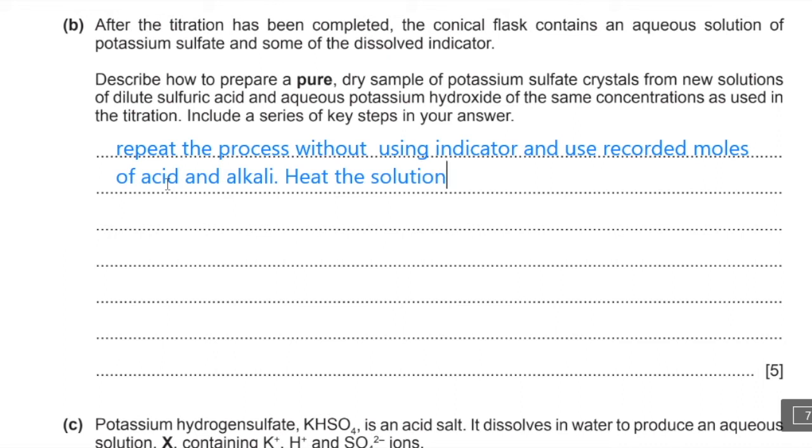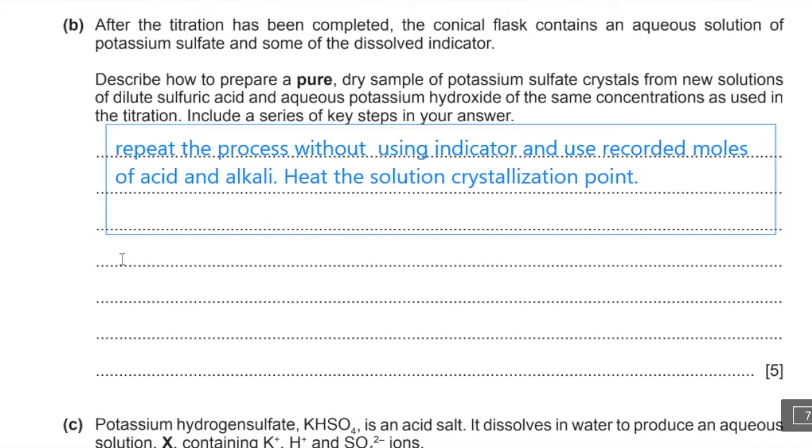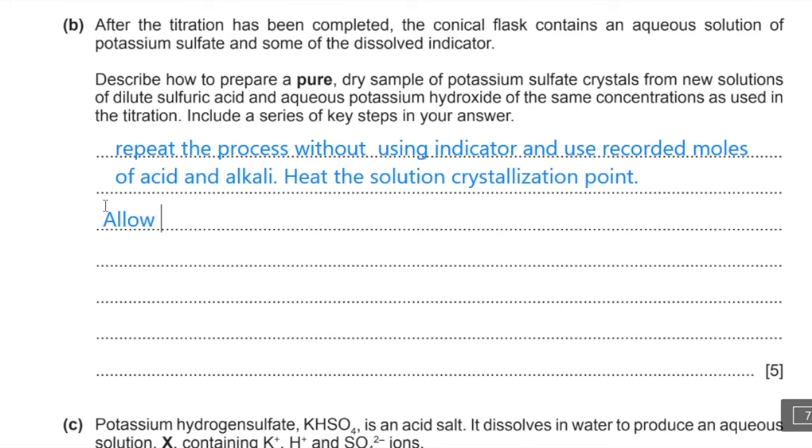You heat it until the crystallization point and not more than that, and then you allow it to cool down so that all of the crystals would be able to form. And in the last step, you wash the crystals and then carefully dry them using filter papers.